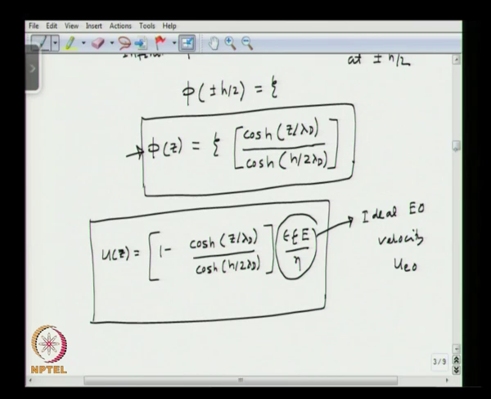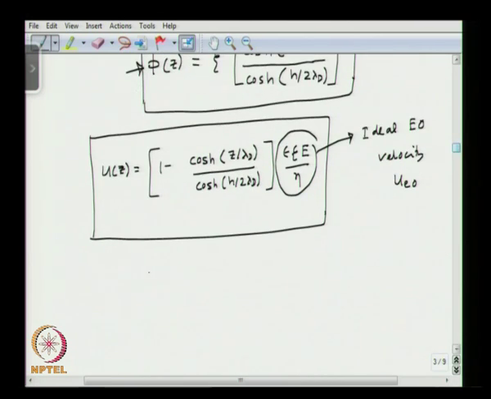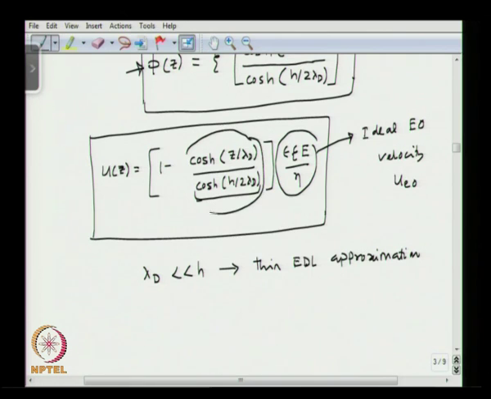So, if we assume that lambda d is less than h, which is nothing but the thin double layer approximation, then in that case you see that the term at the bottom will be infinite, and this term will be 0. This complete term will vanish.